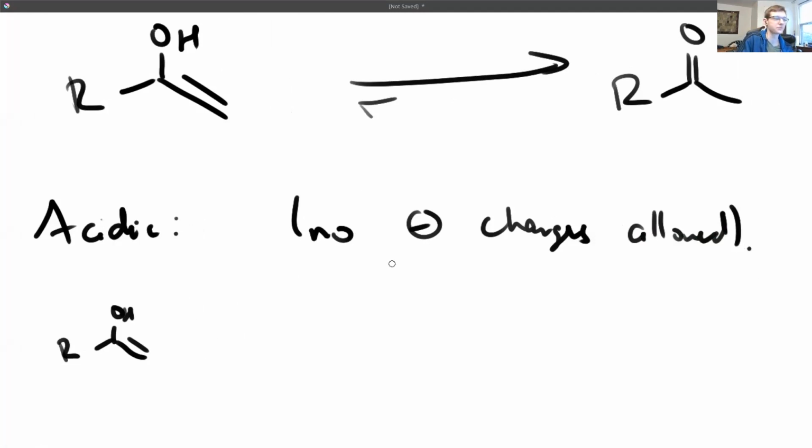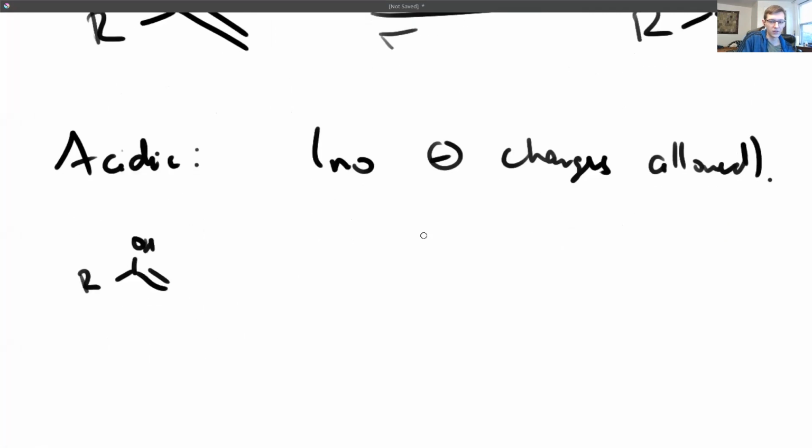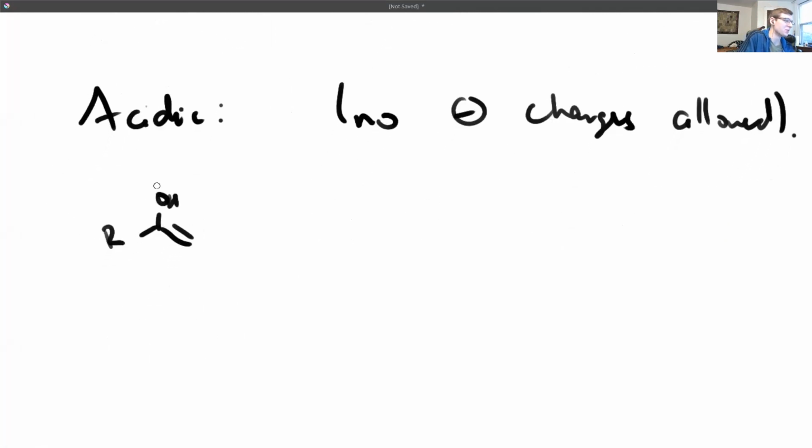So what does that mean? Well, let's draw the electrons that we have to work with. You could write this in one step or two steps, but how about we write it in as many steps as we can.